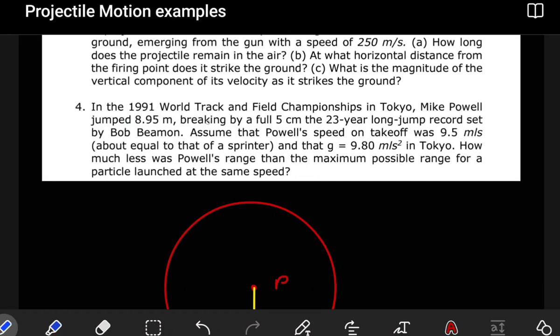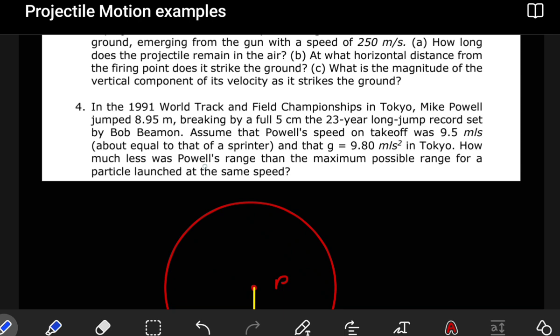In the 1991 World Track and Field Championship in Tokyo, Mike Powell jumped 8.95 meters, breaking by a full 5 centimeters the 23-year long jump record set by Bob.